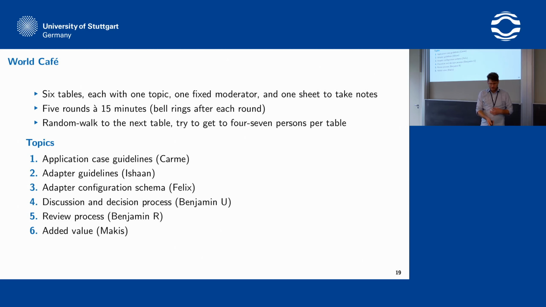And table 5 will be, once we agreed on the process, how could then this review process look like? Okay. Well, then it's 2, 4, and 6, if you would want to discuss this. Yeah, there is some overlap between the topics, so it's no harm to bring up your point multiple times.